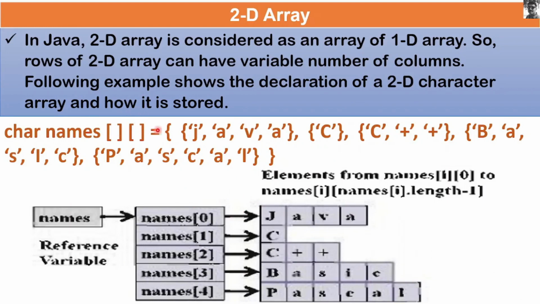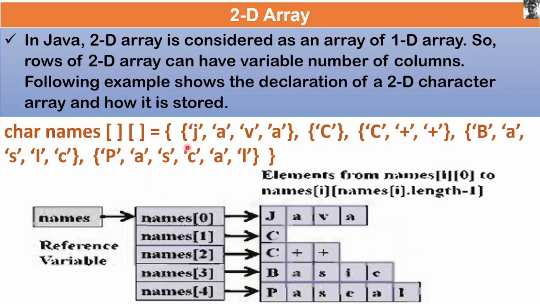It is a 2-dimensional array, and the first row contains 4 characters, second row contains 1 character, third row contains 3 characters, fourth row contains 5 characters, and fifth row contains 6 characters. So this is possible in Java, to create a 2-dimensional array with variable length of columns in each row.